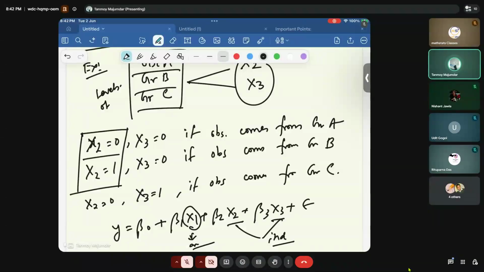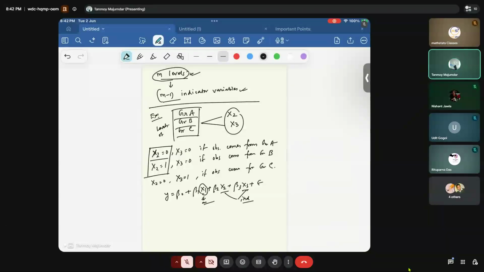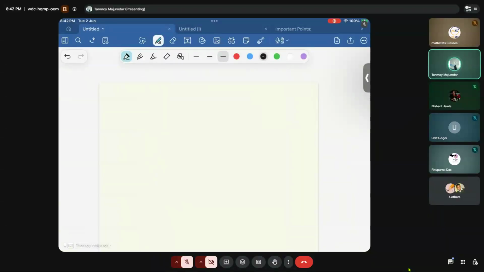When we have m number of levels, we will be using m minus 1 indicator variables. So remember this about indicator variables.